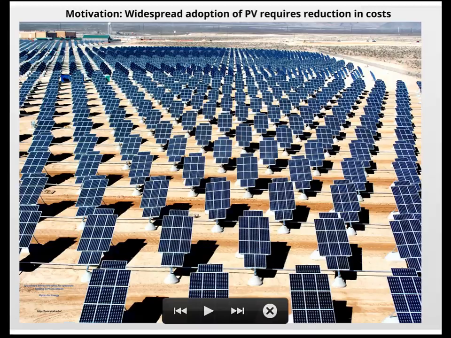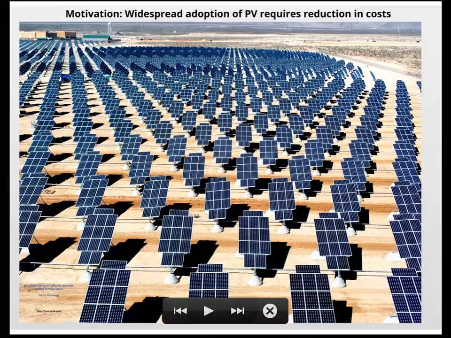So at the end of the day, as a consumer, we want the cost of electricity from the photovoltaic to be comparable to the cost of conventional electricity from fossil fuels or other forms.